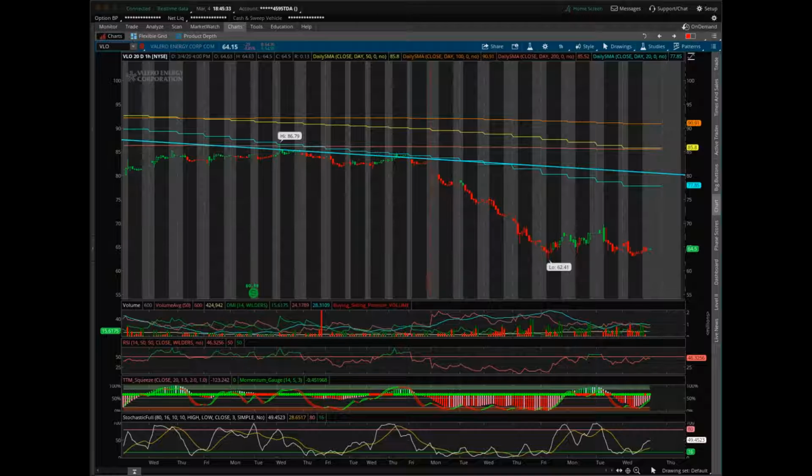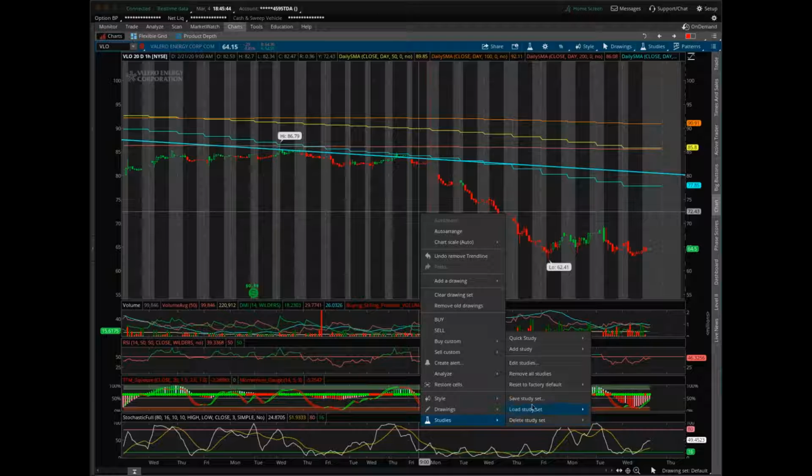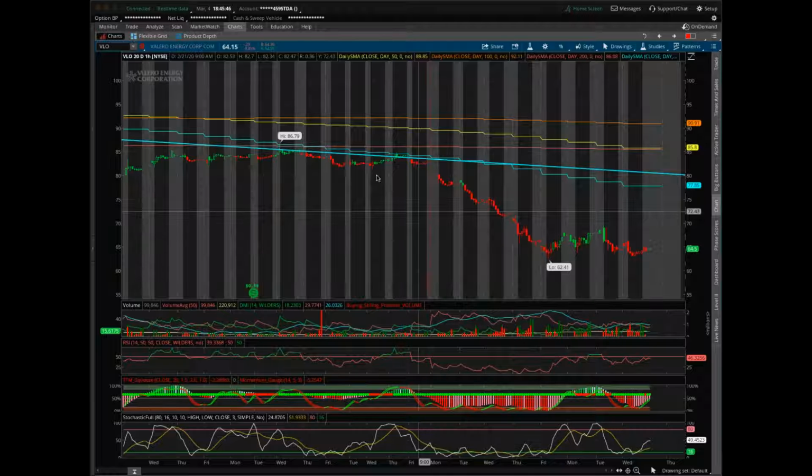So how do you monitor the multiple stocks? You're focusing on one stock right now, right? No, in a day trade, you do every day.